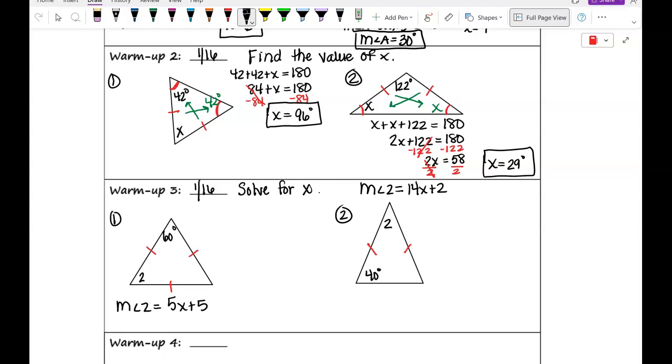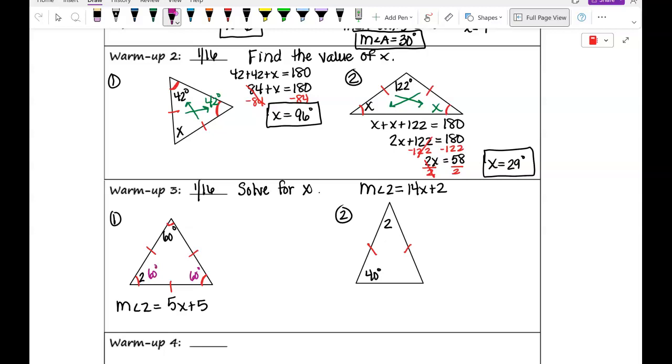So if it's equilateral, we know all three angles are congruent. And we said, well, if all three angles are congruent, and we know that triangles always have to add up to 180, we divided 180 by 3, and we said all three angles have to be 60 degrees.